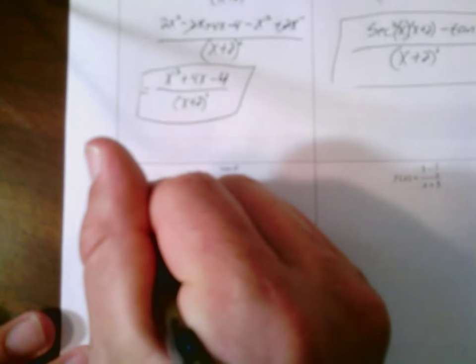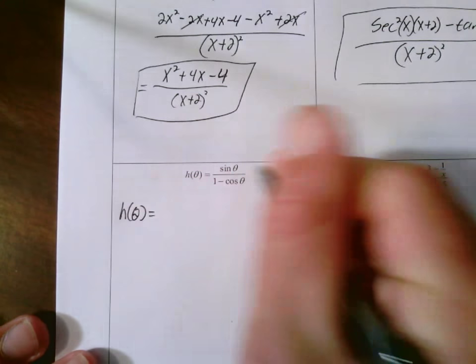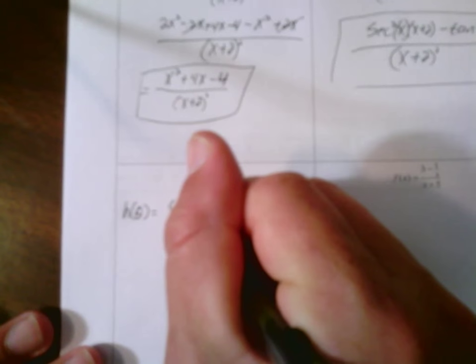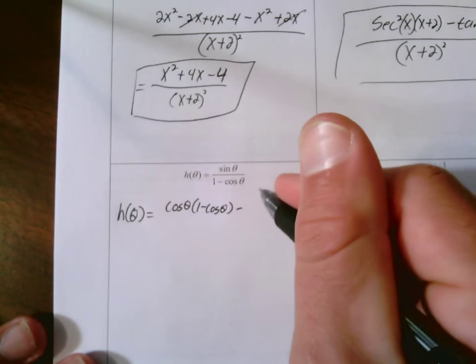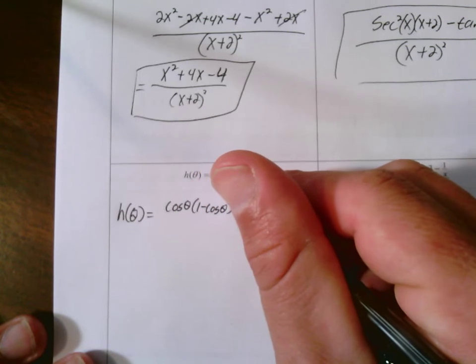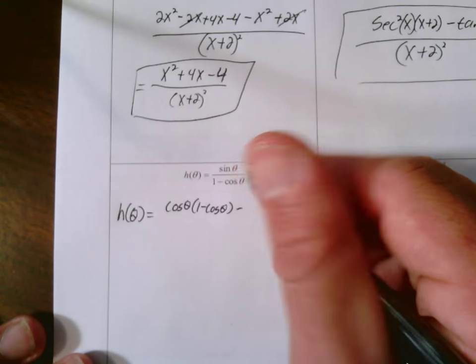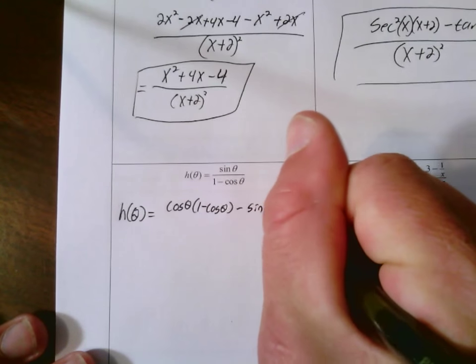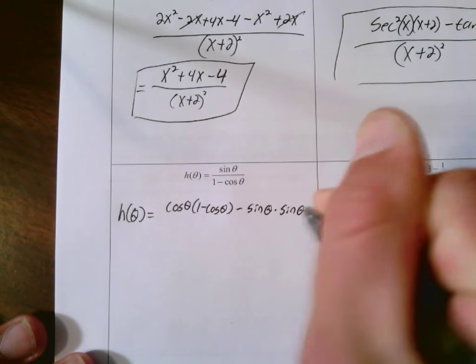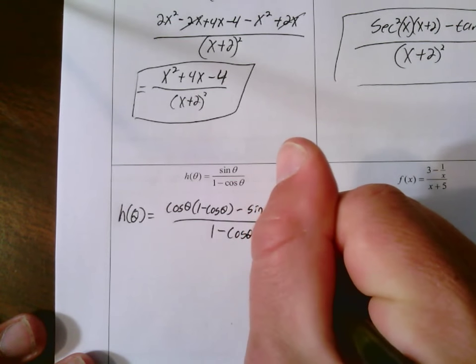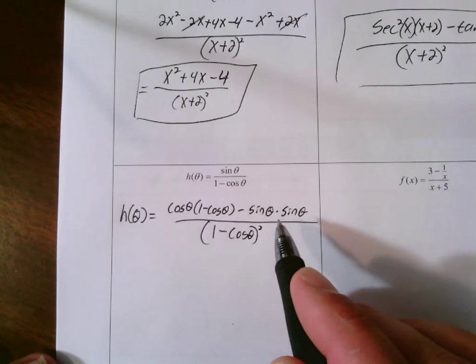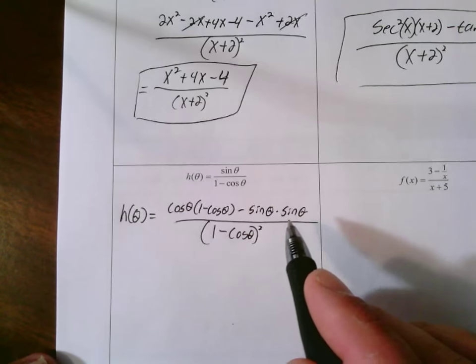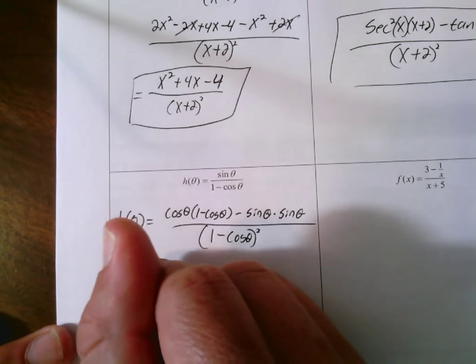Sine over 1 minus cosine. Derivative of sine is cosine. Minus the derivative of the denominator, 0. Derivative of negative cosine is plus sine, so sine times sine. Just to see what happens.